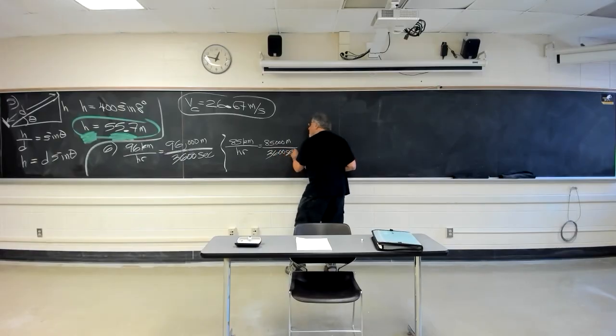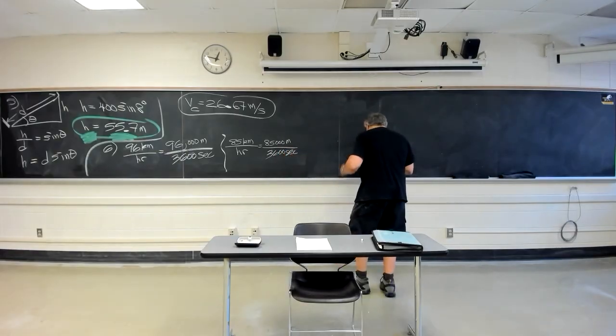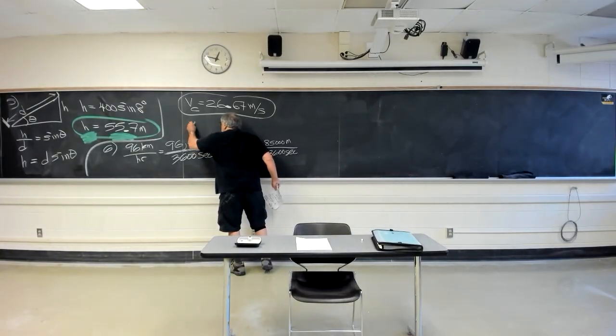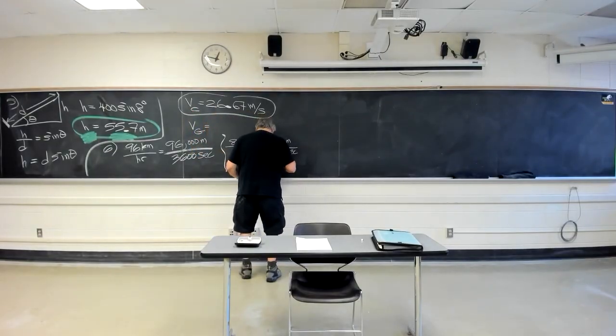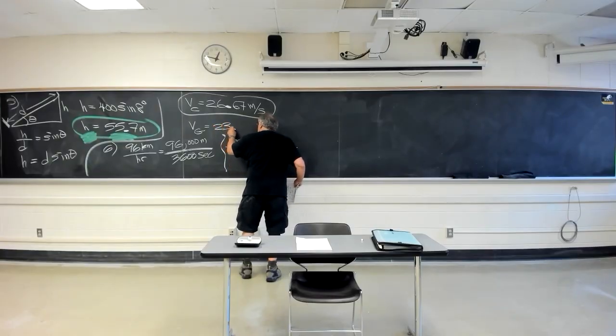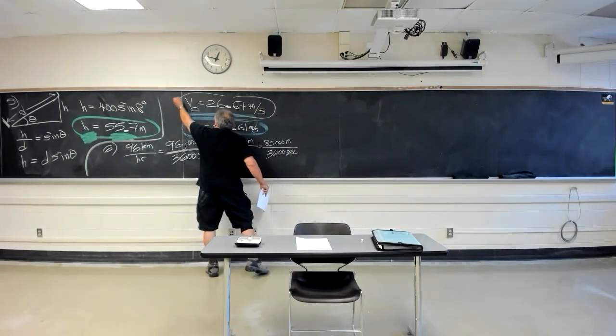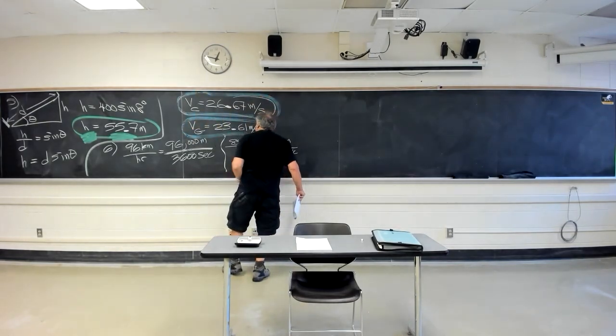We're converting everything to meters per second because they phrase the problem in a certain way. Do this mathematics here, and you get v sub c for the cheetah and v sub g for the gazelle. We got 23.61 for the gazelle.